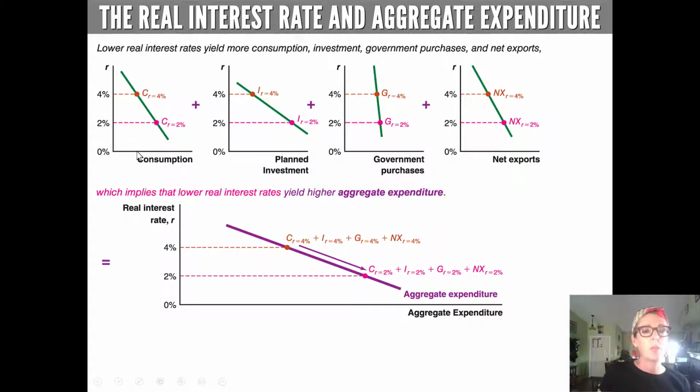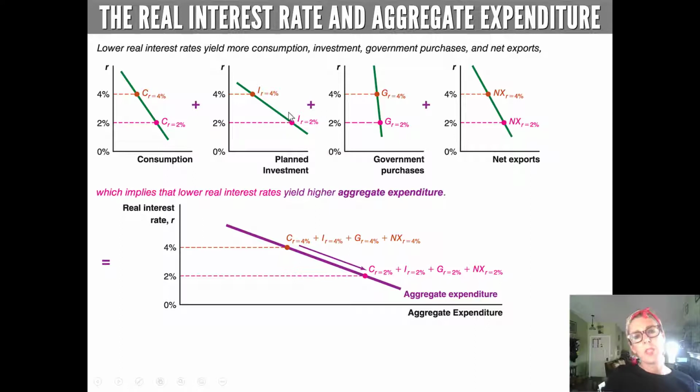So the amount of consumption at 4% interest is less than the amount where that 2% consumption hits the horizontal axis. Same with planned investment. And so we're looking at a downward sloping curve. The demand, basically, for spending is negatively related to the interest rate, the cost of spending.